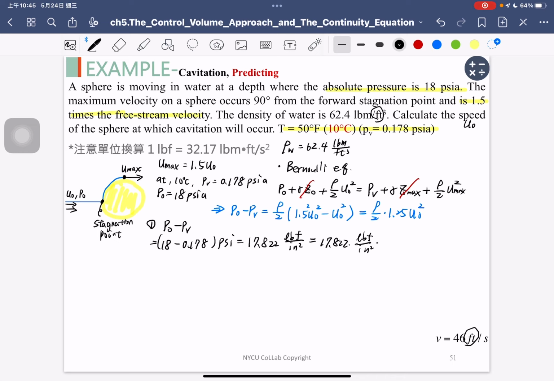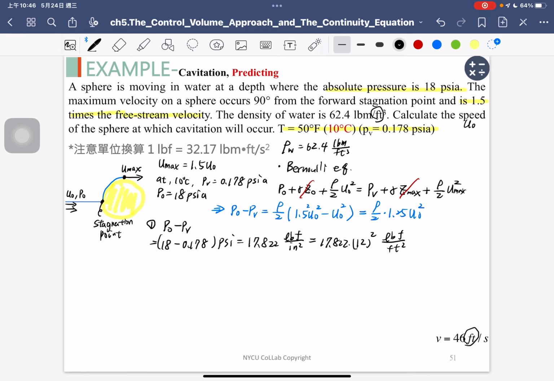Okay, so we can multiply by the 12 square, and the unit can change into the FT square.